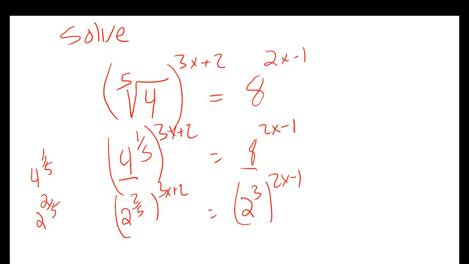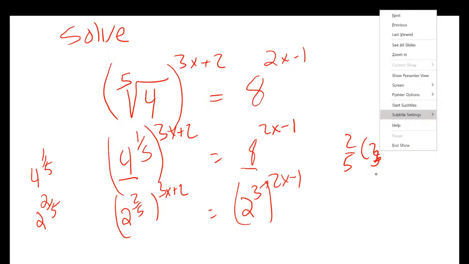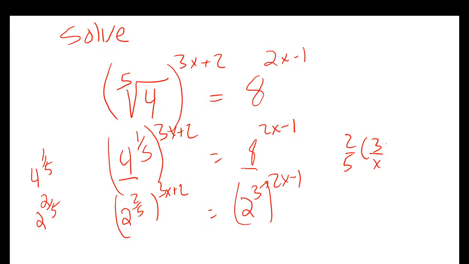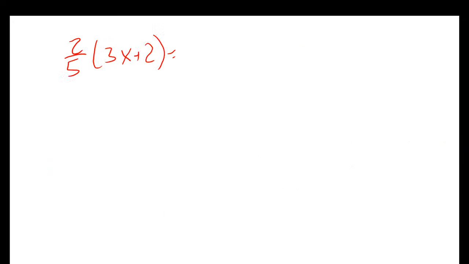Multiply the exponents. We got 2/5 times 3x plus 2 equals 3 times 2x minus 1.